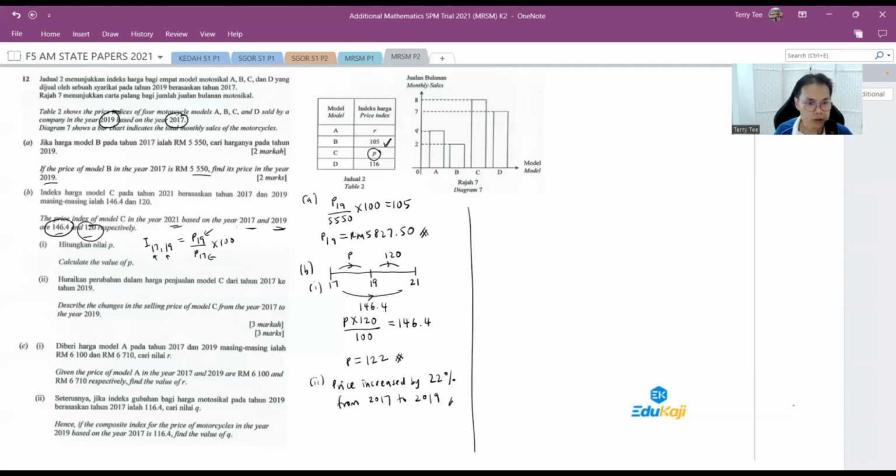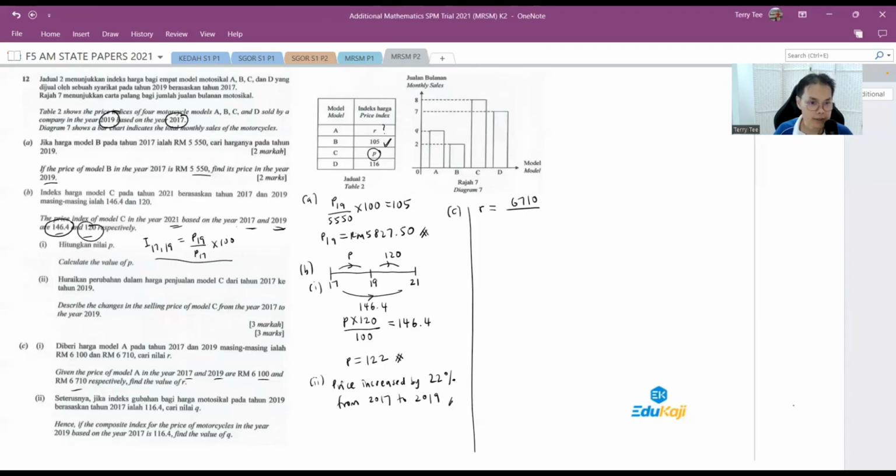Given the price of model A in 2017 and 2019, 6100 and 6710, find the value R. For model A, that's quite similar to what we did earlier. You're given the two prices, you're finding the index, similar to the price index formula that I've shown you here. So your price index for model A is R. The price in year 2019 was 6710.